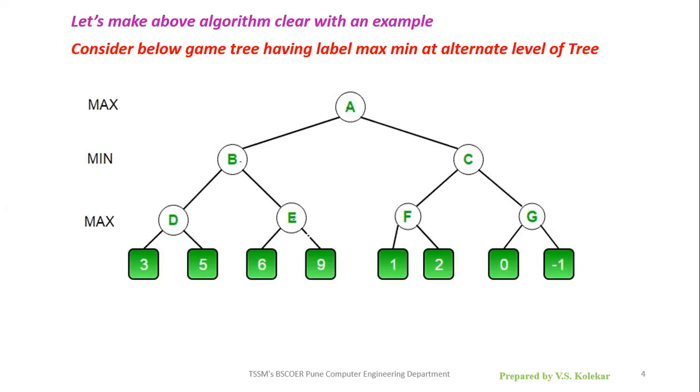Alpha is the value assigned to each node at the level labeled by the name max. These are the alpha values, and beta is the value assigned to each node at the level labeled by the word min. So here, alpha and beta.